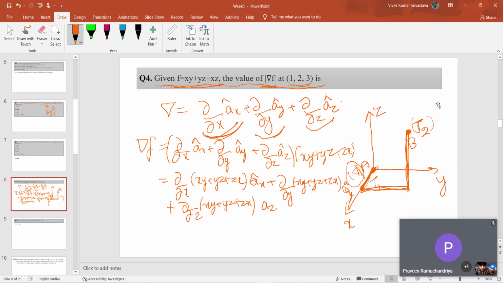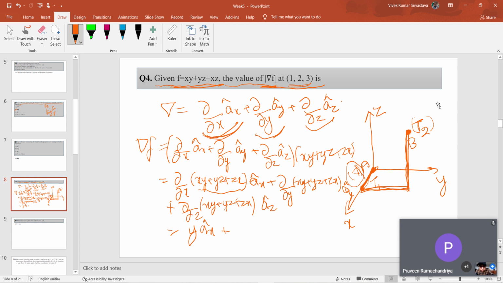So you first differentiate this function with respect to x. After the derivative you will get y plus z into ax cap. Then you differentiate the same function with respect to y.